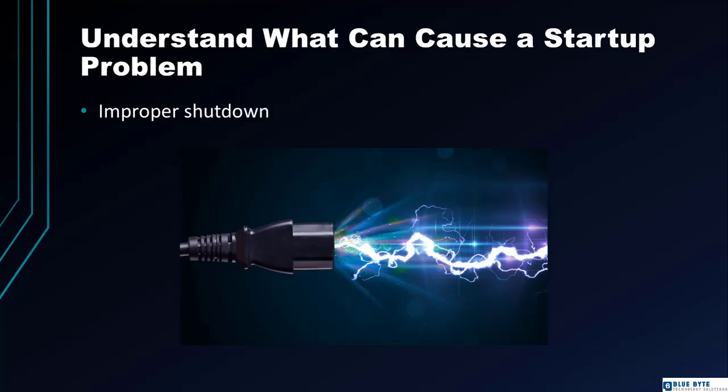An improper shutdown can also be the result of a power outage, and in some parts of the world this can be quite common. An improper shutdown can corrupt some startup files and even the startup partition. In this case, you might need to use advanced methods I will cover in the upcoming lessons.